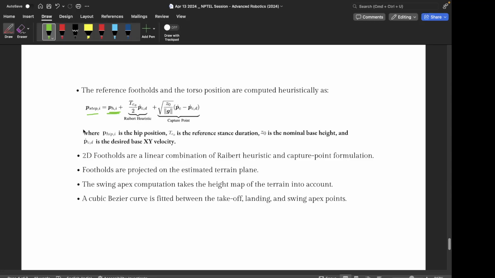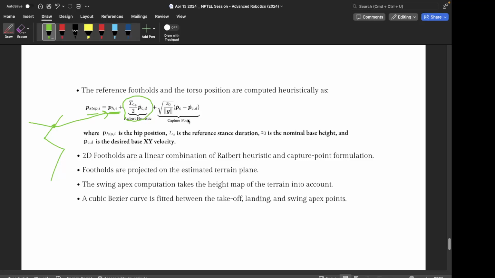This is the location of the hip, right? And we add a term which you can see as the reference stride length, which is the desired velocity of the base times the stance duration. Velocity times time is the distance that the leg should move ahead.